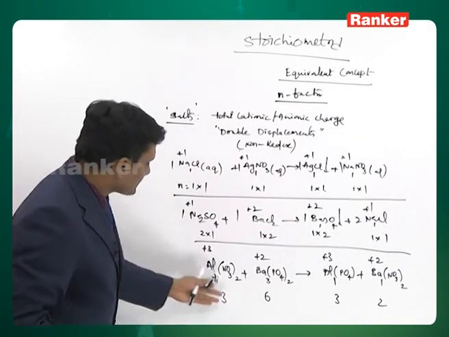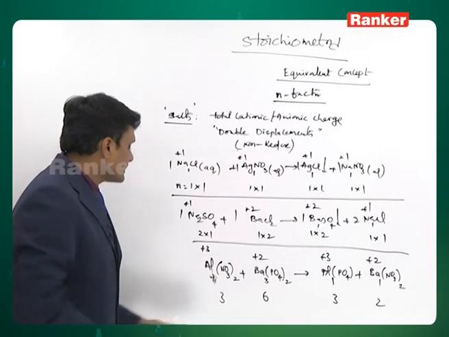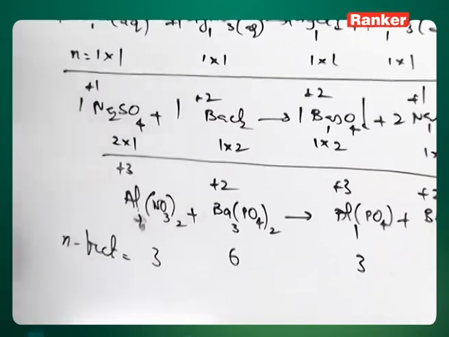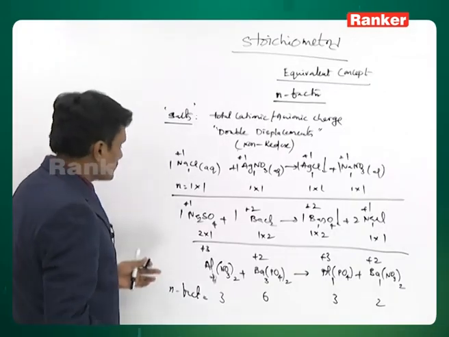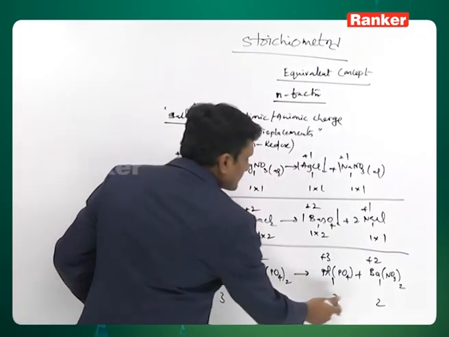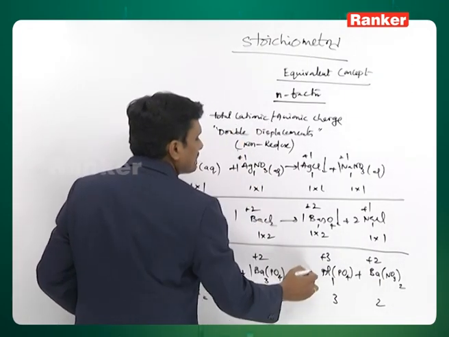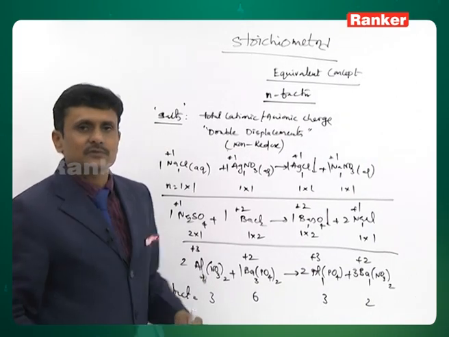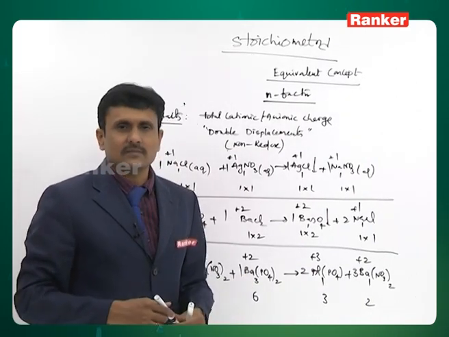So, here it is 3:6 or 1:2 is the n factor ratio of these two substances which are reacting. So, their mole ratio is going to be 2:1. So, here their n factor ratios are 3:2, mole ratios are going to be 2:3. So, this is one way of balancing the chemical reactions.